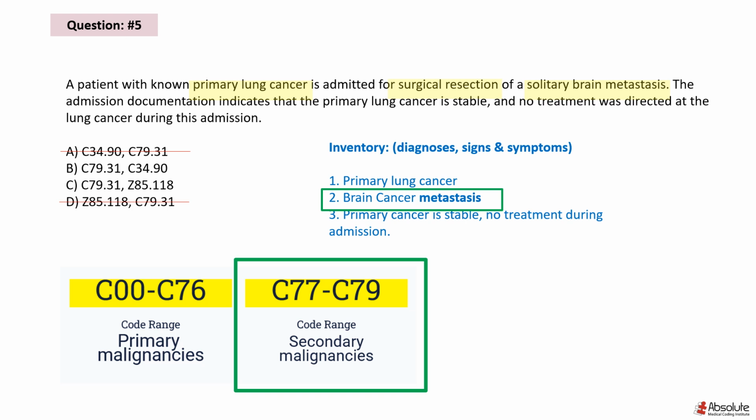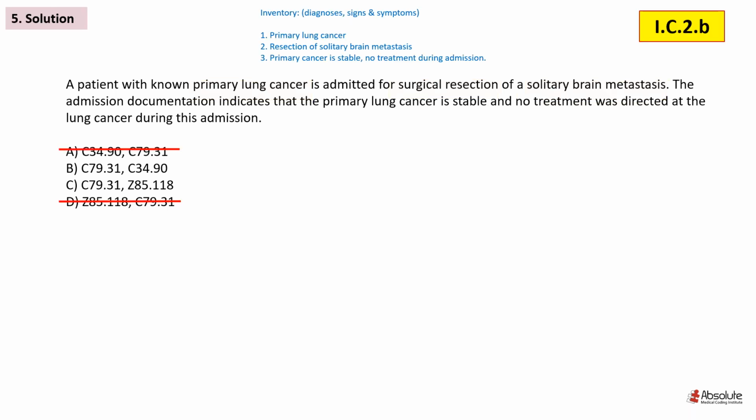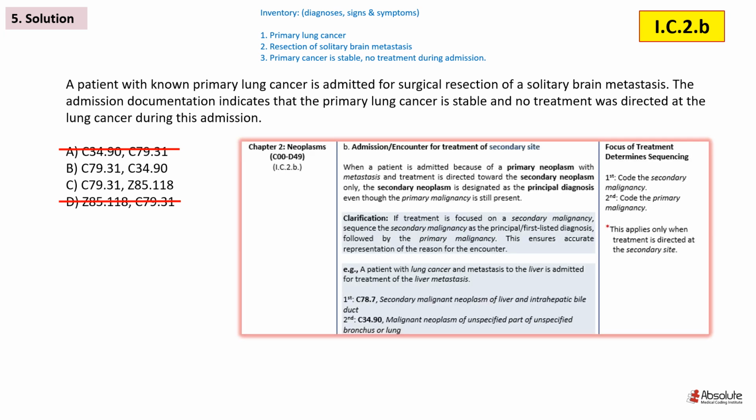Now, let's continue solving. And we're going to use a guideline, IC2B. And this guideline says that when the admission is for the treatment of the secondary site, you're going to sequence the secondary cancer or malignancy first. We already knew that.